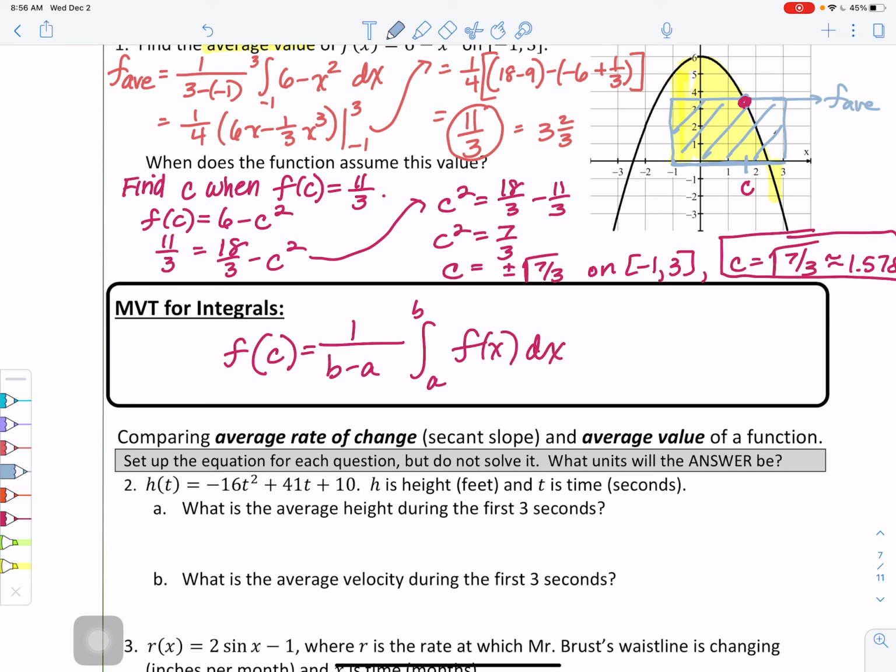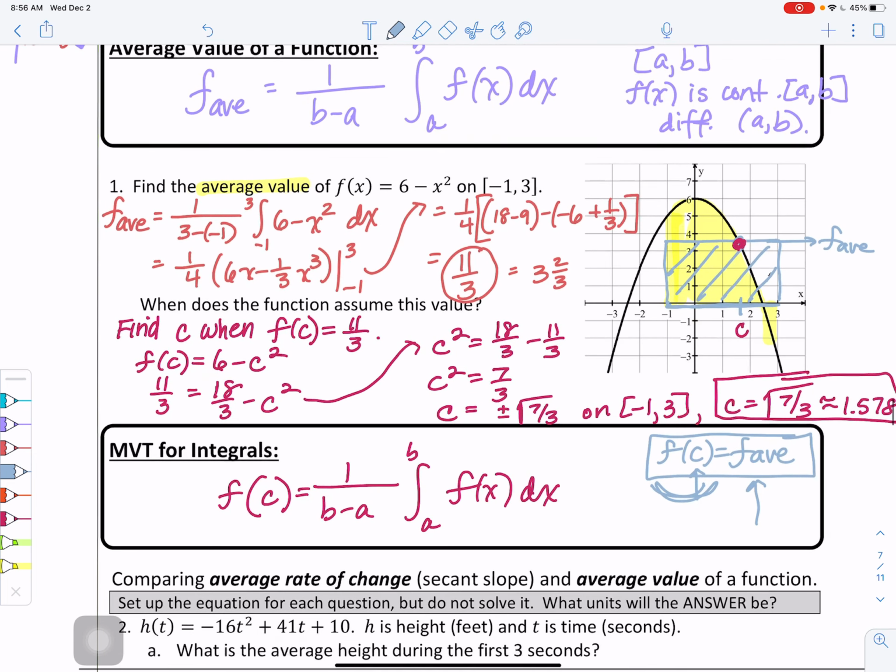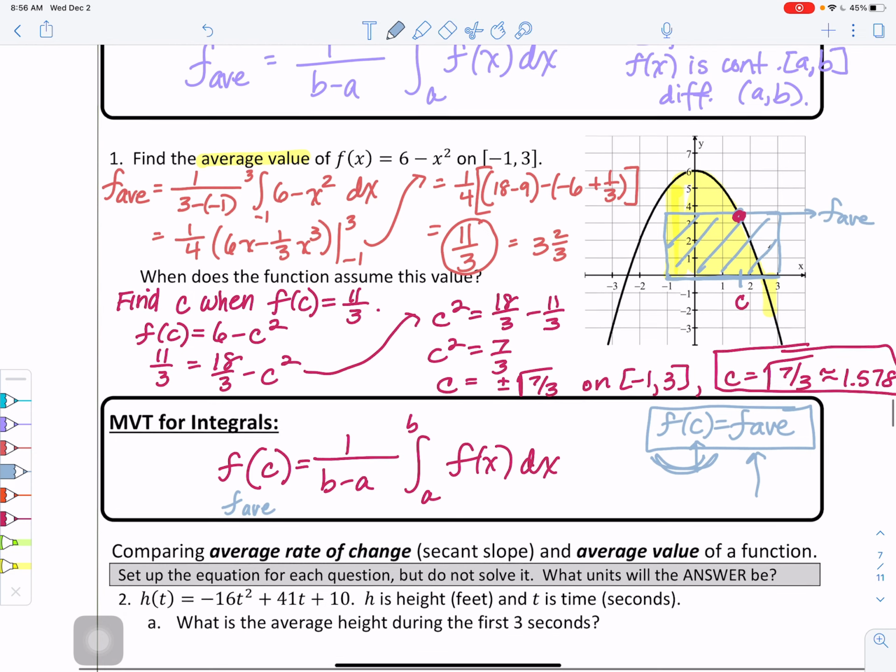I have always said in the past, f of c equals f average. That has helped me so much. There is some c value that has a y value that's equal to the average value. So this should look very similar, except we had the average value here before.